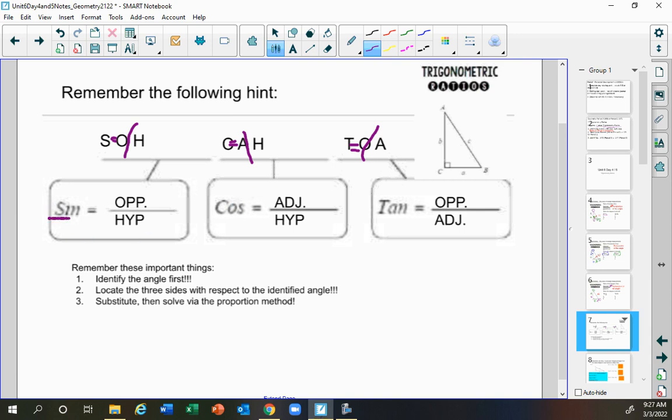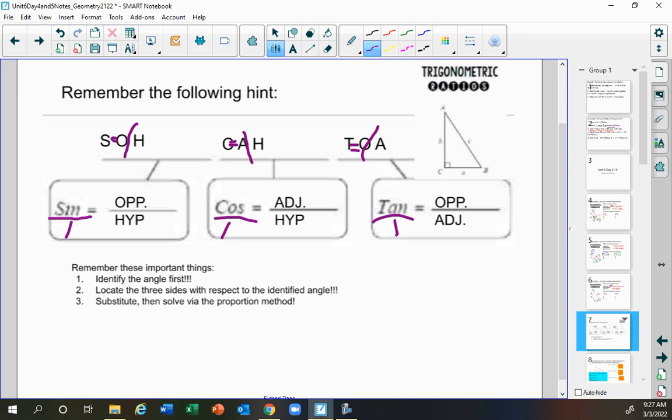But in the end, that's not bad because it's basically going to be sine over 1, cosine over 1, tangent over 1. That's what we mean by proportion method, especially if you're given only one of the two sides and an angle measure. But again, the key is you have to identify the angle first.